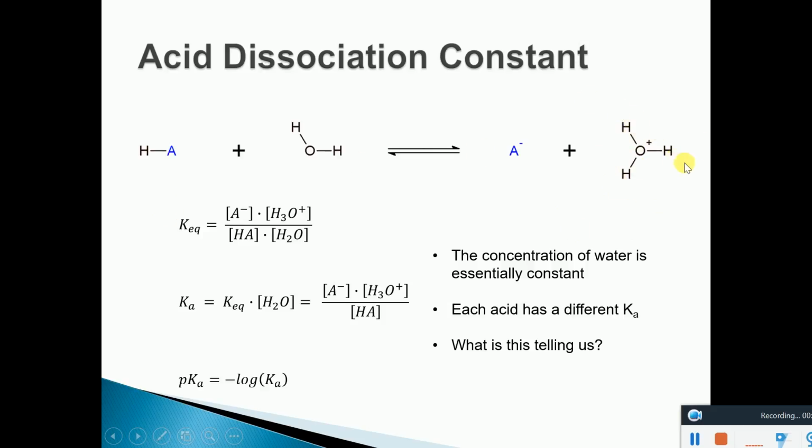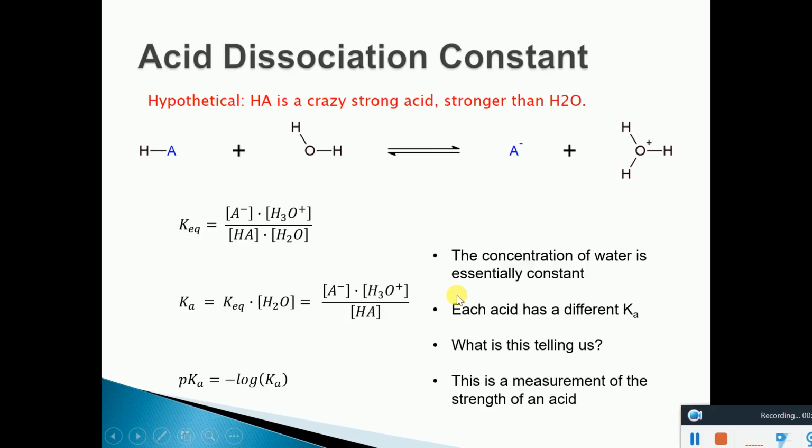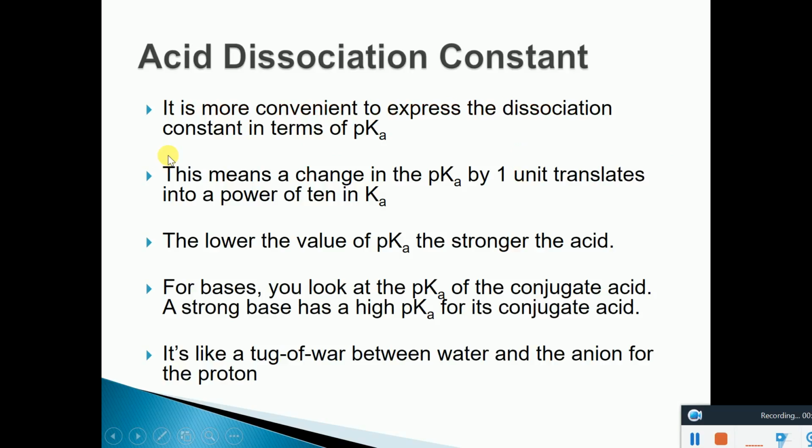But if the opposite was true, this, because it has that charge, is most likely going to be a higher acid than this one, depending on what A is. But if that's true, then it will go this way. So again, this is the measurement of the strength of an acid. The hypothetical situation, HA is this crazy strong acid, stronger than H2O. We kind of talked about that, so I'm going to skip that.